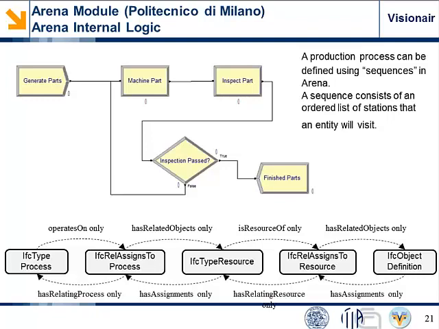This is a big problem because we use a completely different way of defining the knowledge related to the process: we want to separate the definition of the process from the definition of the manufacturing system, while in Arena they are completely joined together.